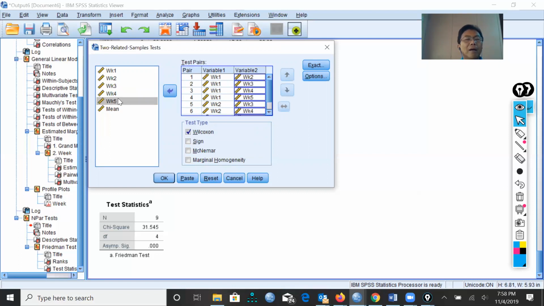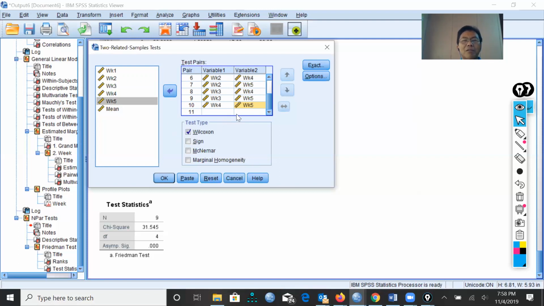And then so now week 3 to week 4, and then week 3 to week 5, and finally week 4 against week 5. Okay. You remember doing this when you were doing the Wilcoxon test as the non-parametric equivalent to the correlated t-test.